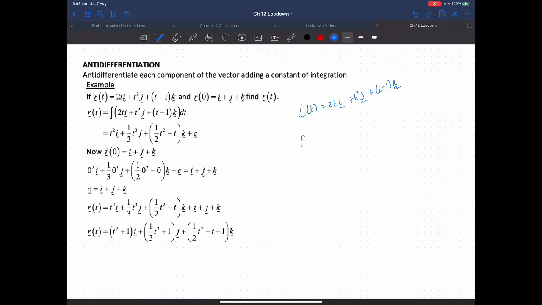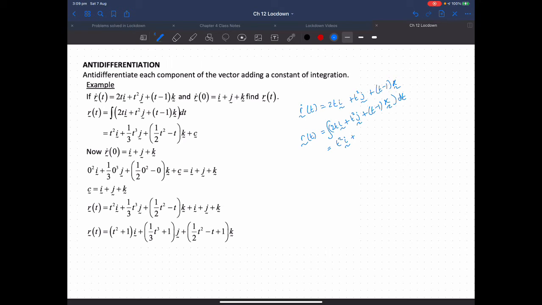So I'm going to get vector r as a function of t equals the antiderivative of, and I'm going to write this out in full, 2t i plus t squared j plus t minus 1 k with respect to t. So the antiderivative of 2t is t squared i.